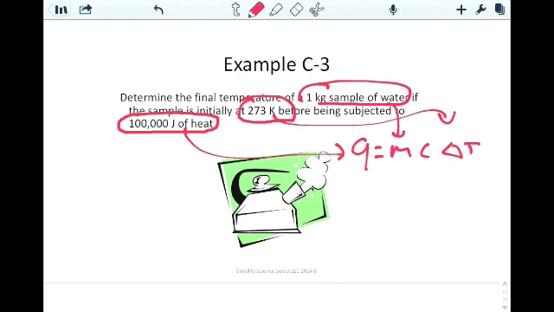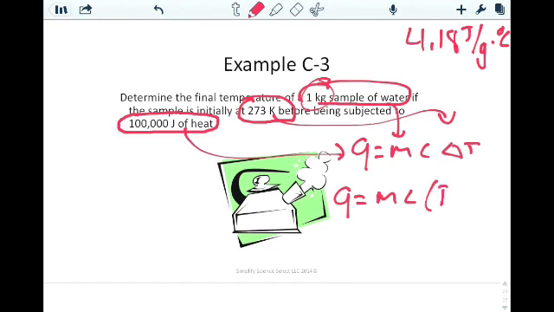So our specific heat of water is 4.18 joules per gram degree Celsius, and so we need to convert these kilograms into grams. We just multiply that by 1,000. So our equation works out as Q equals MC, parentheses, temperature final minus temperature initial, and we're solving for our temperature final.